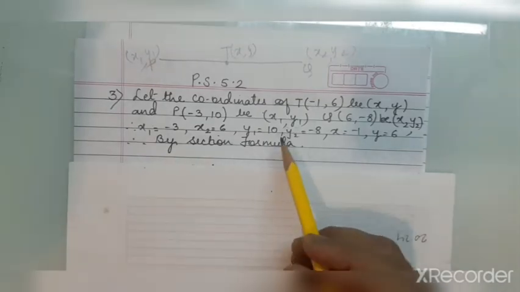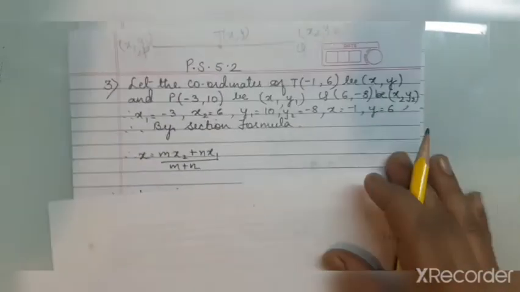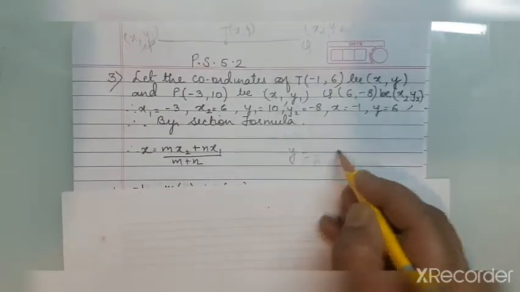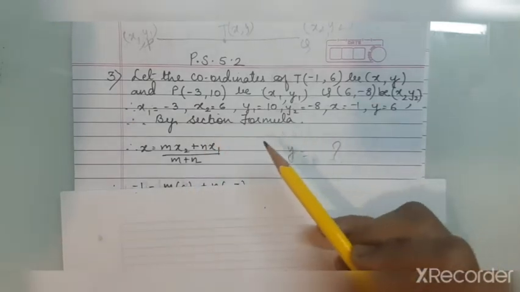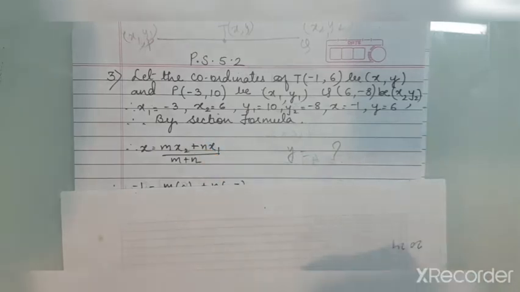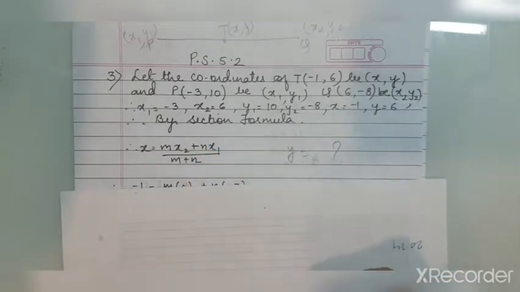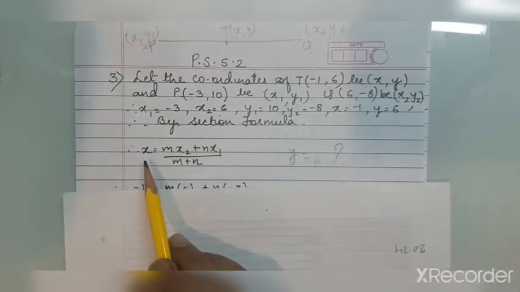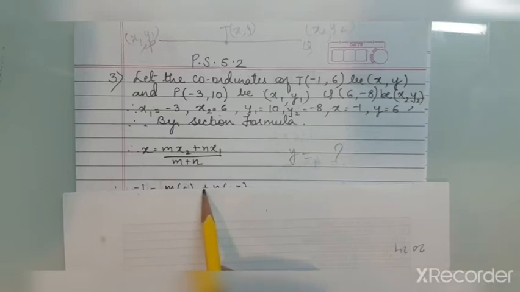Section formula. Now here we don't need to take both X and Y. I have taken only X because when we have to find the ratio m is to n, using only one coordinate, X only, we can get the ratio, and you'll see how. We will take X equal to mx2 plus nx1 upon m plus n.